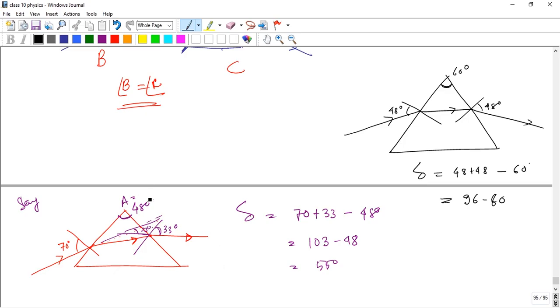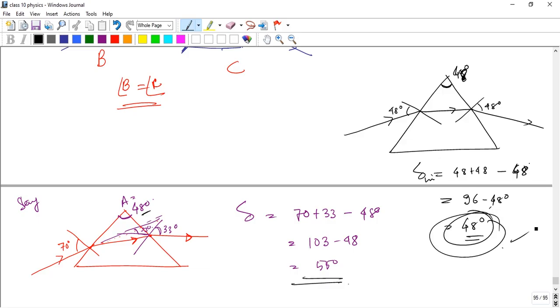Or if it is the same triangle, here it is 48 and that is also 48. So 96 minus 48 gives 48 also. So here delta is minimum, that is minimum deviation.